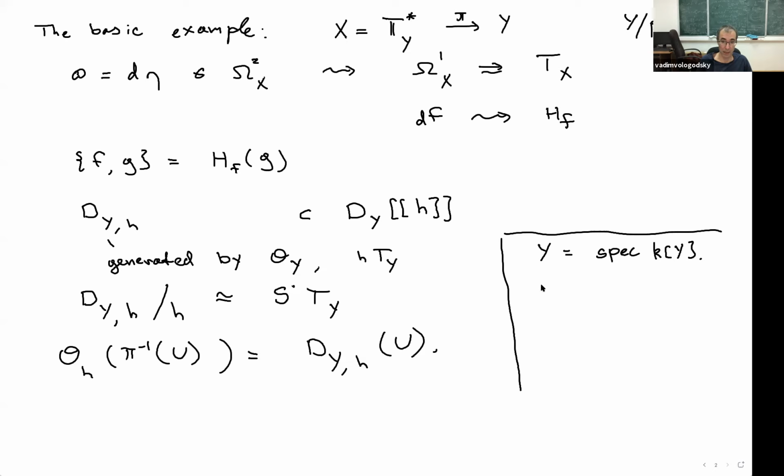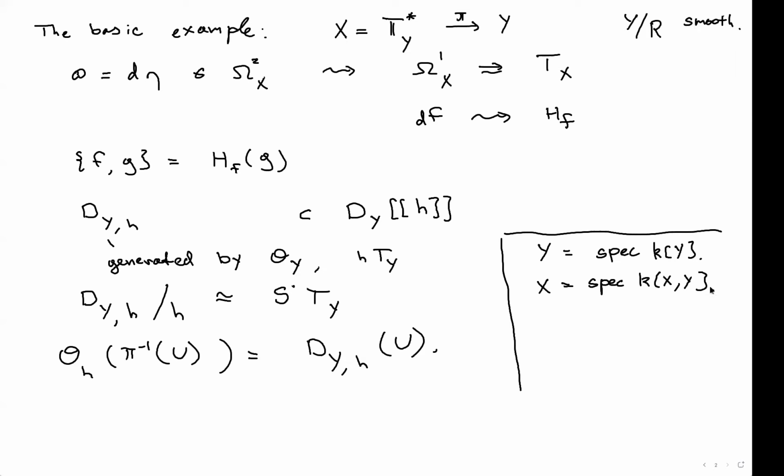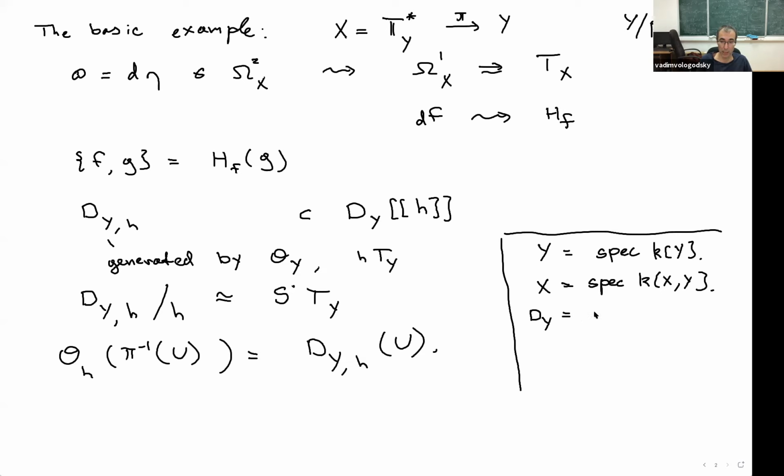Then X is Spec K of X, Y, right? This is the cotangent bundle. And then, okay, so what is D_Y? It's the algebra generated by two variables, by the variable Y, global functions, and global differential operators.